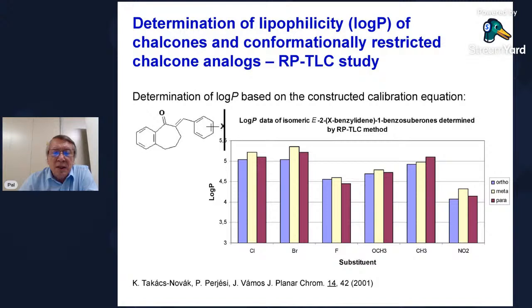We could see that the relative values of the log P values of the compounds in the ortho, meta, and para substituted derivatives are very close to each other.